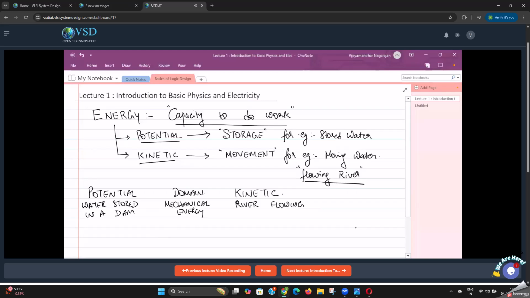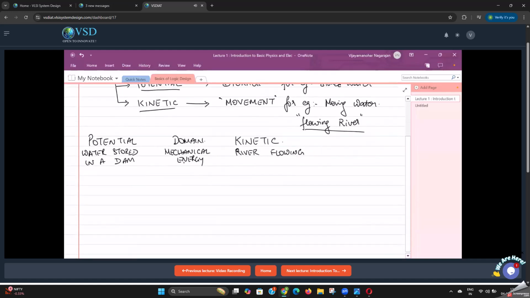If I look at the domain called heat energy, potential is heat stored by a body. When you heat your pressure cooker, you switch on the gas stove, the pressure cooker stores the heat.